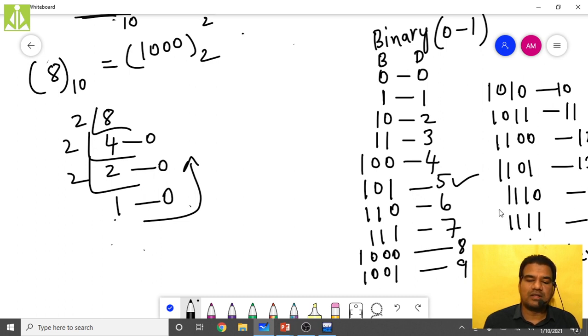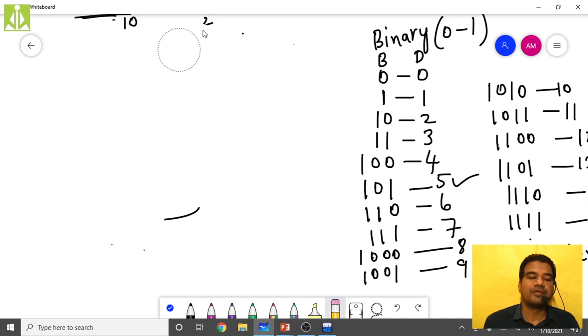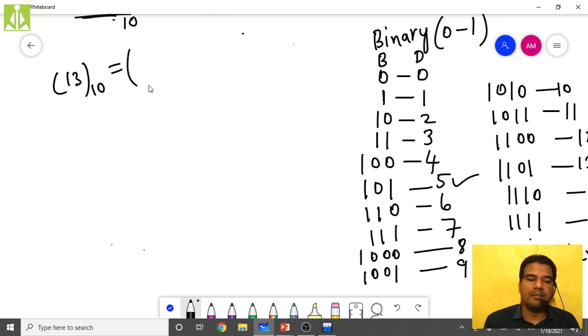So now we do 13. Take that number 13 in decimal, what will be in binary?